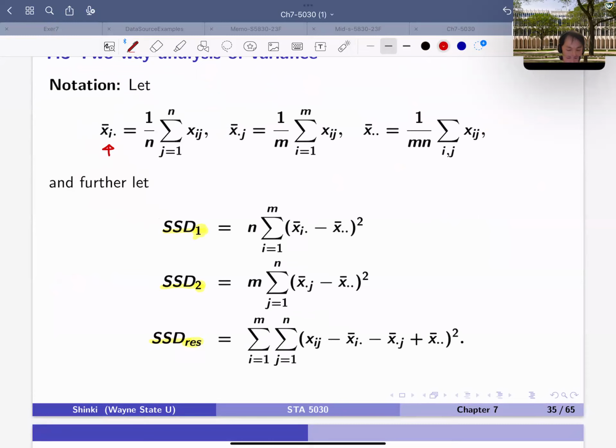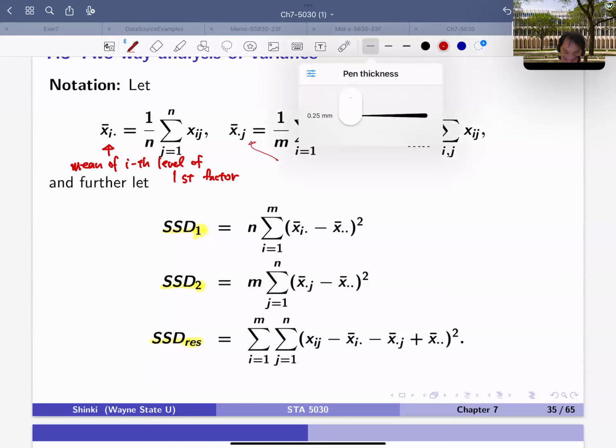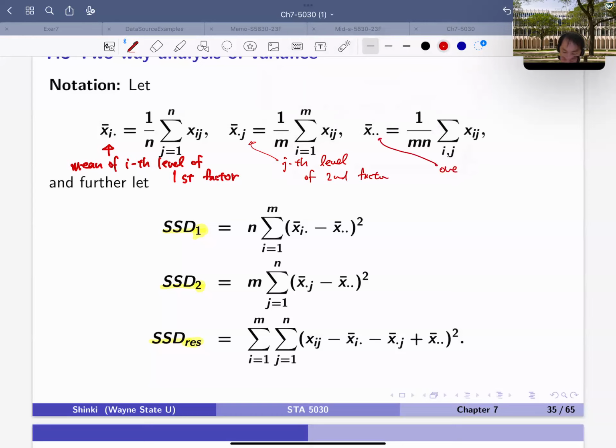This is the group mean of the i-th group, the mean of the i-th level of the first factor. And this is the mean of the j-th level of the second factor. And this is the overall mean.